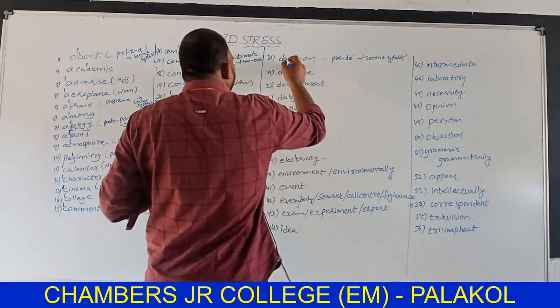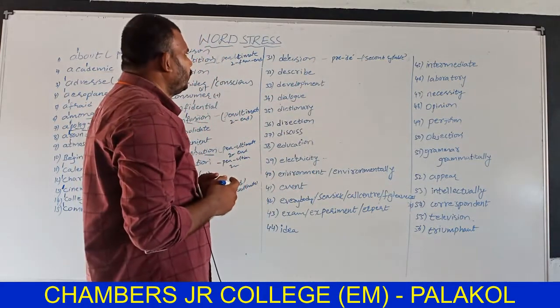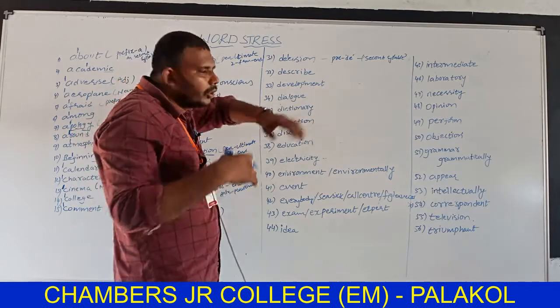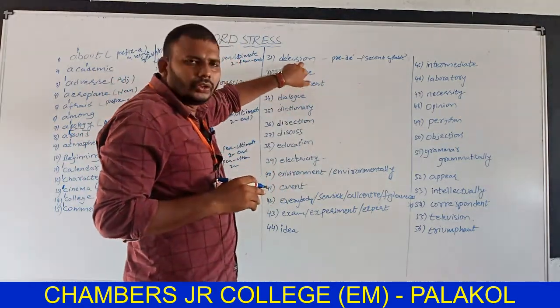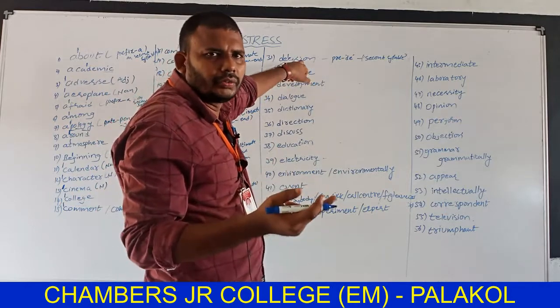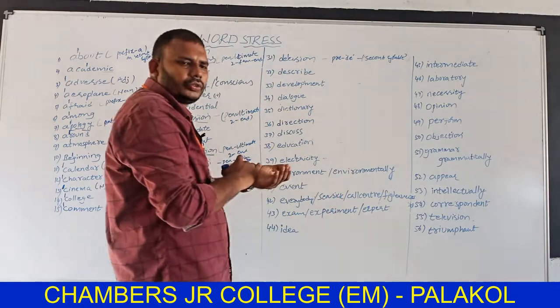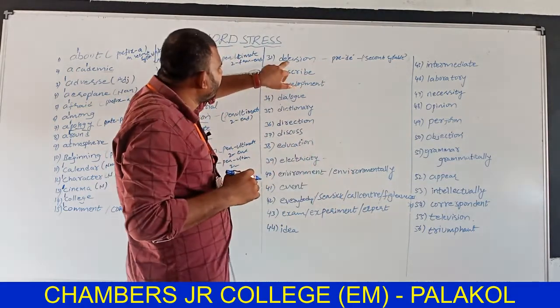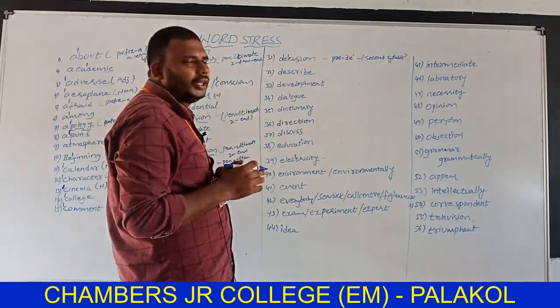Remember this. So decision. And here another rule is also applied with this word. How? The word also ends with ION. So whenever a word ends with ION, it takes stress on the penultimate. As per the rule, the penultimate syllable is CI. Two rules are applied to the same word.